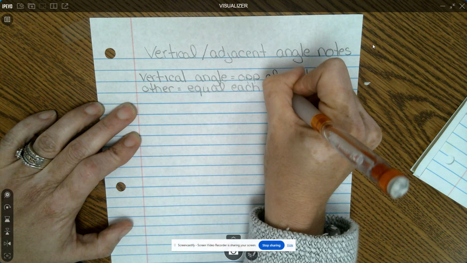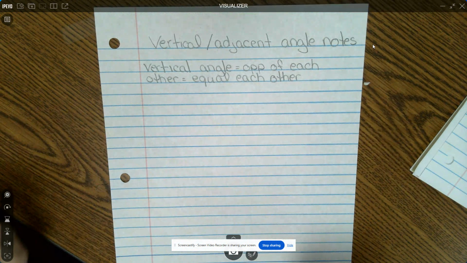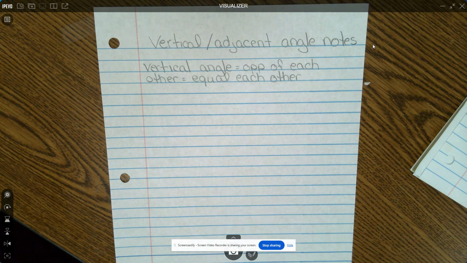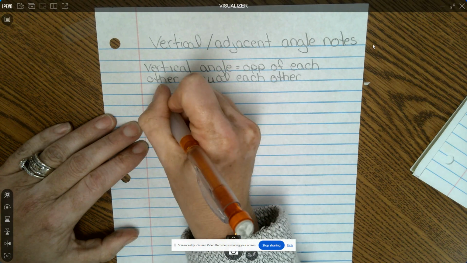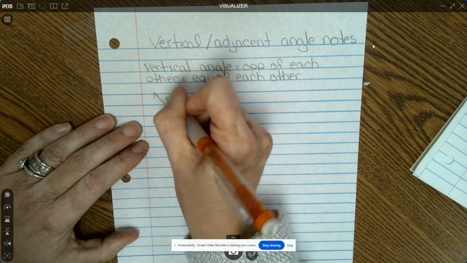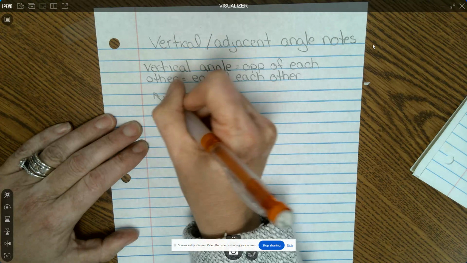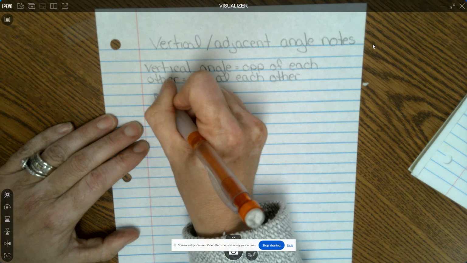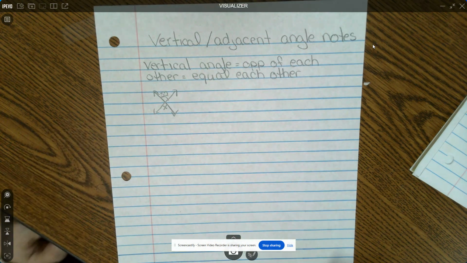And they equal each other is super important. All right, so let's take a look at this. Let's say that this is an example of a vertical angle. I'm telling you that this is 52, and I'm telling you that this is x.